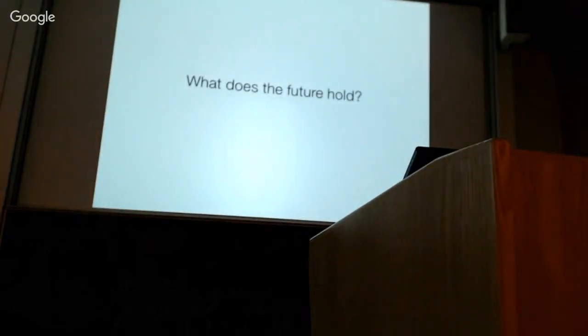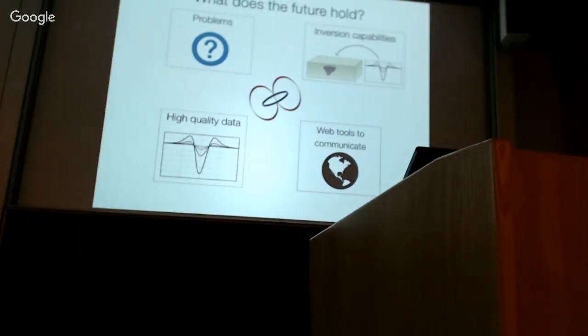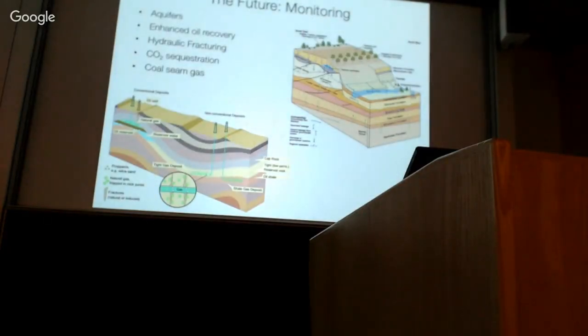So the question is, okay, well, what does the future hold? So here we are. We're back to what we started with. We've got problems, high quality data, inversion capabilities, web tools to communicate, and we're trying to attach those things all together with the DISK. And as far as the future goes, especially as we've been traveling around, you just see more and more of the places where electromagnetics can play a role and where it actually needs to play a role.